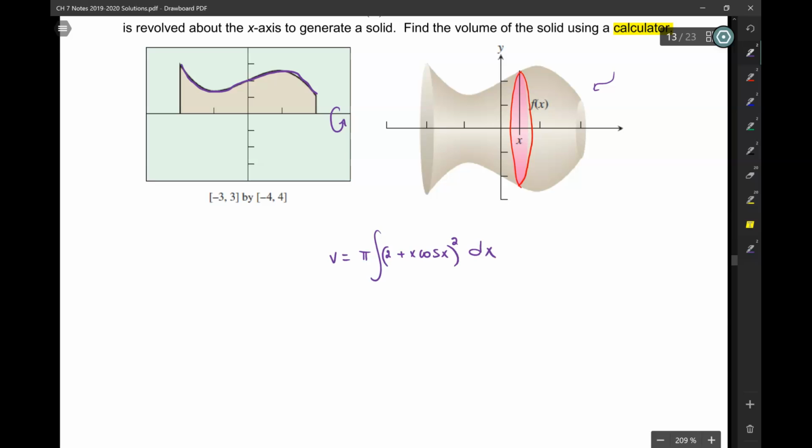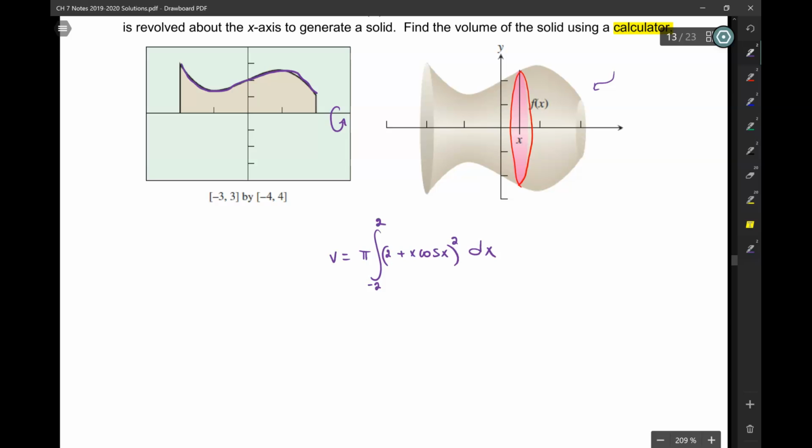Please remember from where these things came. This is a circle. A circle has an area of pi r squared. The radius is the length of the y, right? So pi r squared. And of course, we're going to go from -2 to 2.